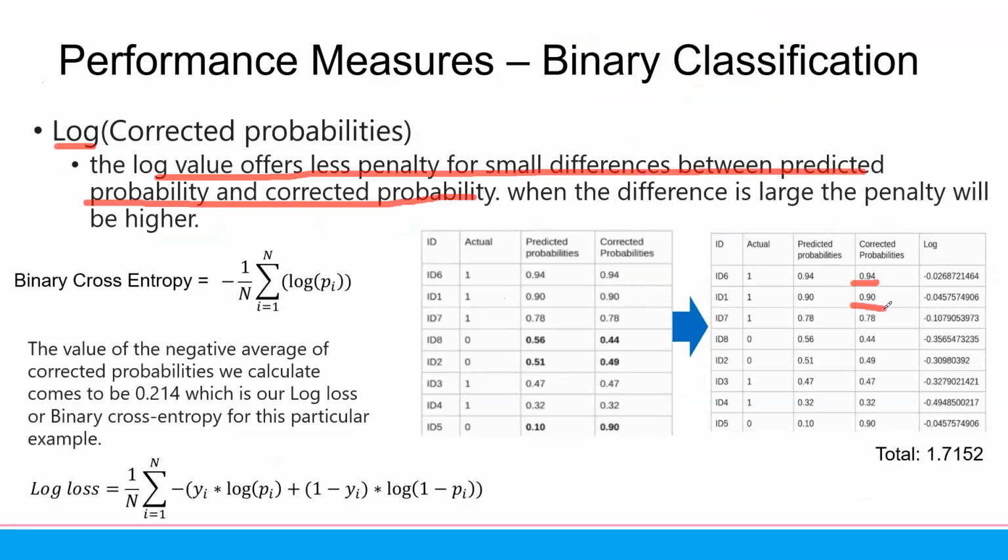This is also nearby 1. The distance will be very small. But if you look at this number 0.32, it is very far from 1. That's why the result will be very high. So when the difference is large, then the penalty will be higher. So we need to do it with log. Maybe I can show you.